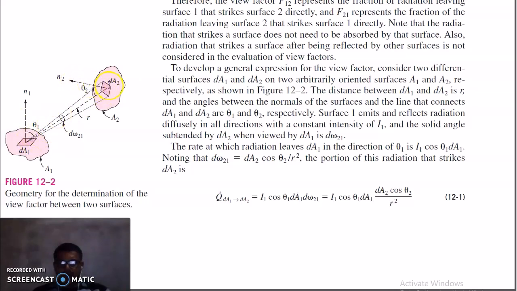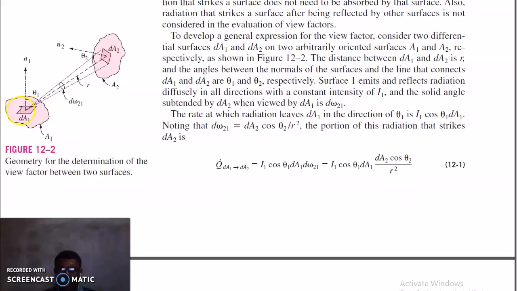Surface 1 emits and reflects radiation diffusely in all directions with a constant intensity I1, and the solid angle subtended by dA2 when viewed from dA1 is d omega 21.